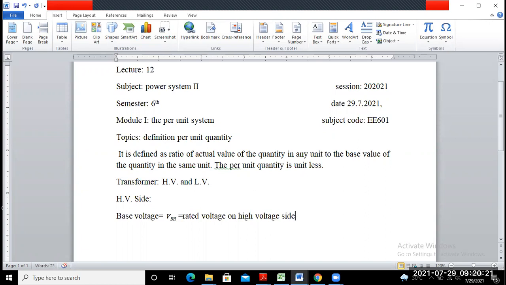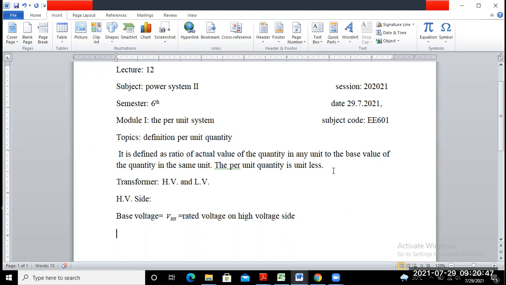Next, what do we choose for the base current? How can we calculate the base current? The base volt ampere rating is the maximum rating given to you in volt ampere, actually the transformer rated volt ampere.